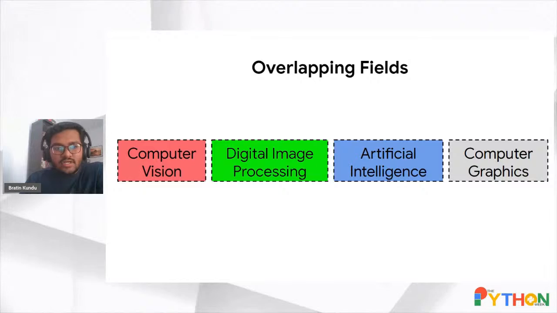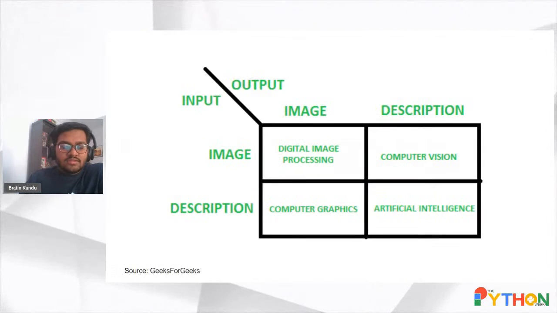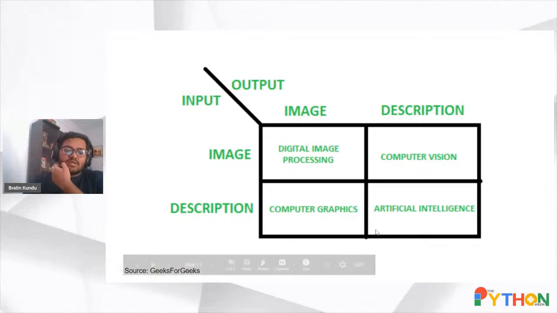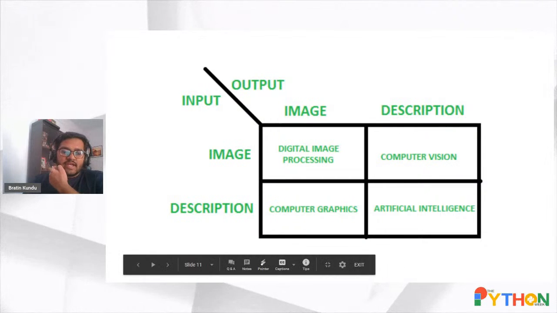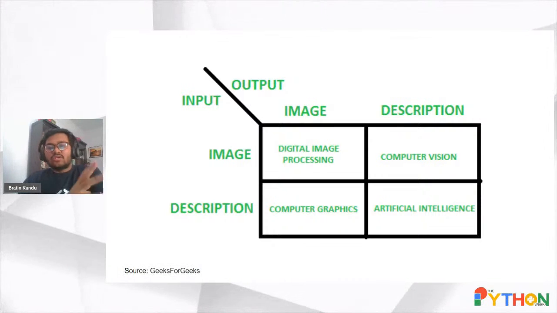Next is artificial intelligence, which deals with the features and functionalities of each and every image, and then we have computer graphics. This helps you understand what these four terms actually are.